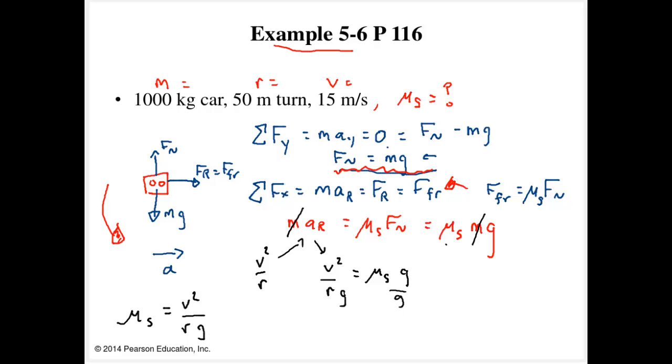And now I just plug in all the values that I know. That's going to be 15 squared divided by 50 times 9.8 meters per second squared, and we're going to come up with mu sub s must be equal to 0.46. That is the minimum mu sub s that will hold this car to this acceleration.